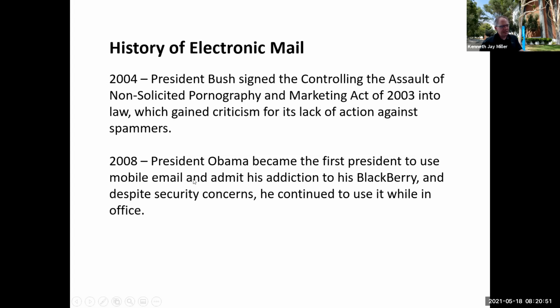And then in 2008, when President Obama took the Oval Office and became president, he admitted that he was addicted to his BlackBerry. And despite security concerns, he continued to use it while in office, right? The White House at the time said, hey, we really don't want you on your BlackBerry.